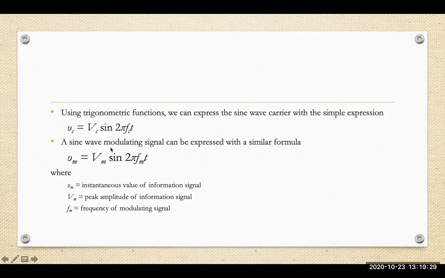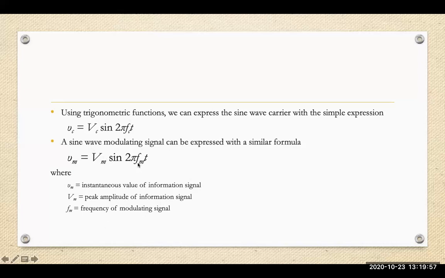Now, we have a sine wave modulating signal. Ito yung formula natin. So, V sub m equals V sub m sine 2 pi f. Tandaan yung pinagkaiba nila ha. So, peak value, yung itong big letter or capital letter na to. So, yung small letter naman is for instantaneous value ng information signal natin.